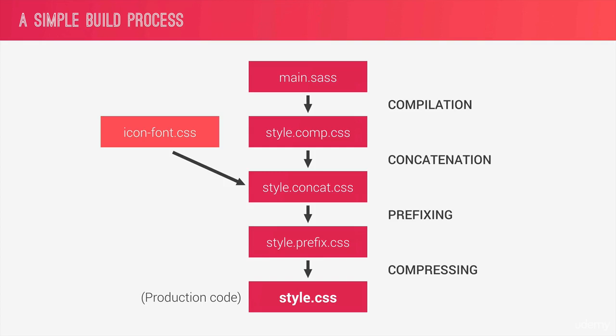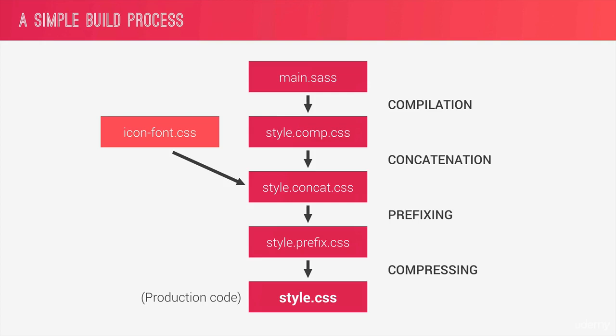And that process is called concatenation. Then from there, we want to automatically add prefixes to our code, right? And so that's the next step in the build process. And then finally, the last step is to compress the entire code we have at this stage. And that's it. Just 4 simple steps, nothing all too complicated.